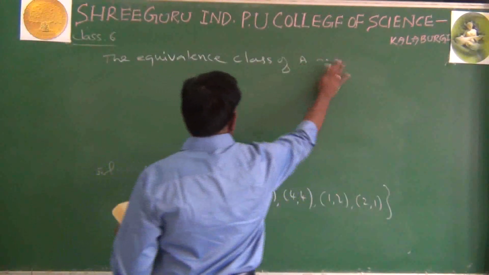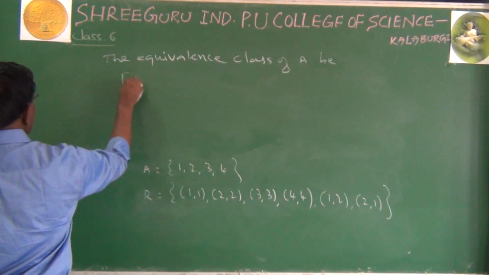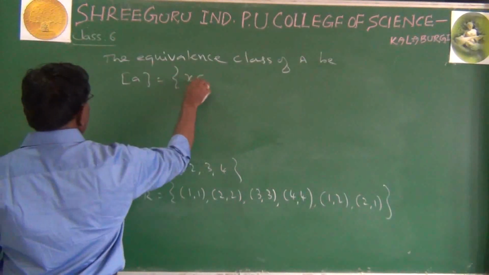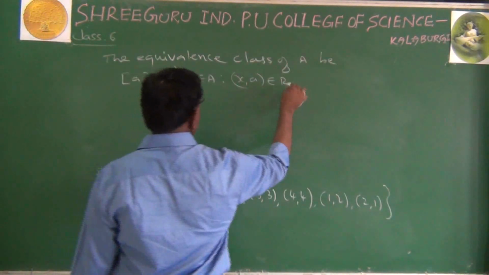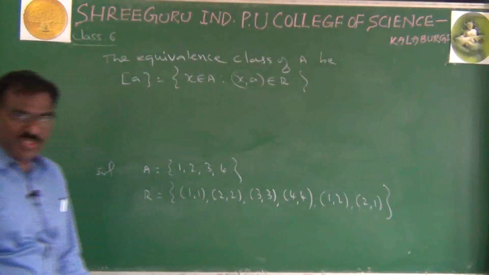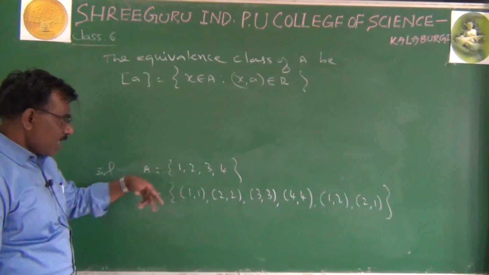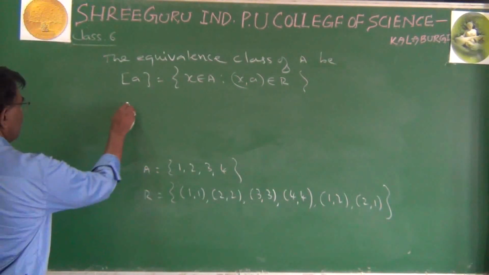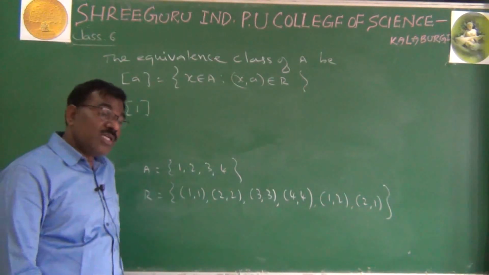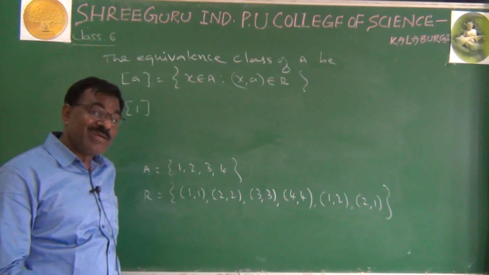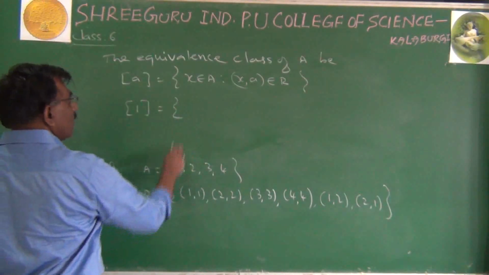One by one. What is the general equivalence class formula? {x belongs to A such that (x, a) belongs to R}. This is the definition I gave. He is asking the equivalence class of elements of set A, so you will get 4 classes, but he is asking directly 1, 2, 3, 4. What is the equivalence class of 1? What is x? 1 belongs to A.